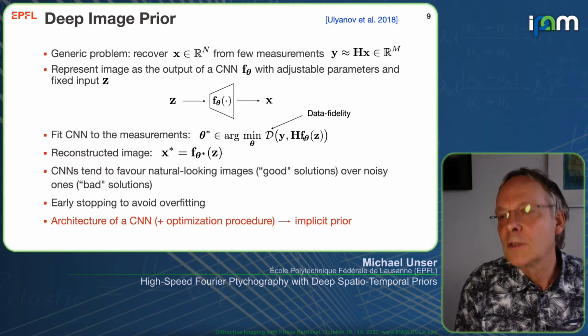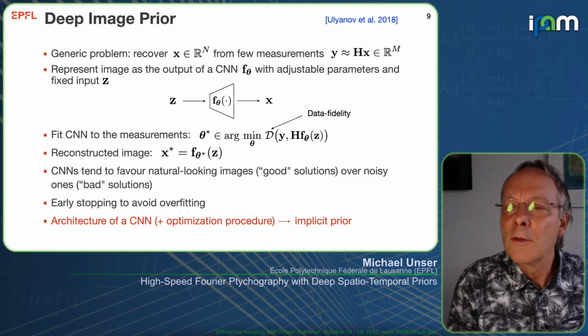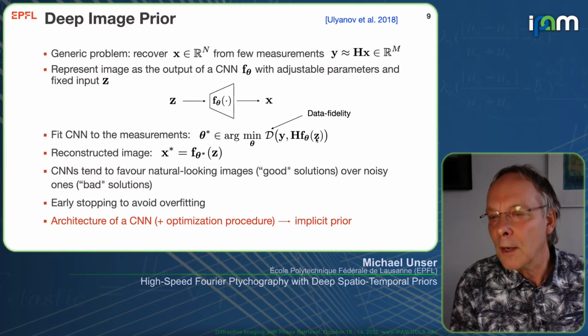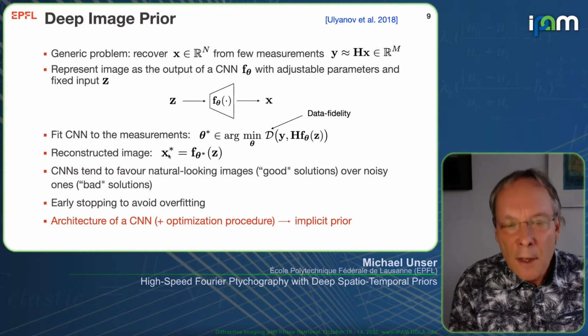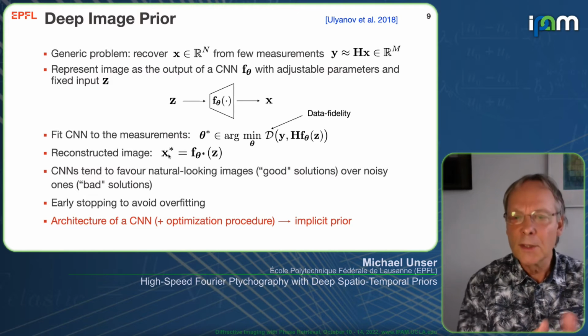Once you're happy with the convergence, you just look at the output of the neural network applied to z, and you can read off the reconstructed image. So why does this work?